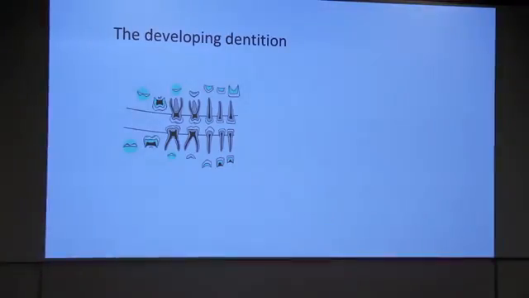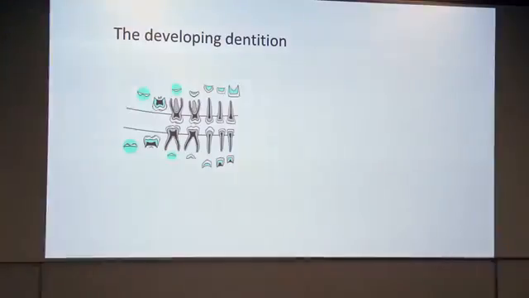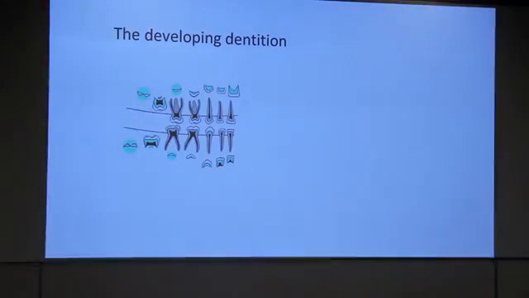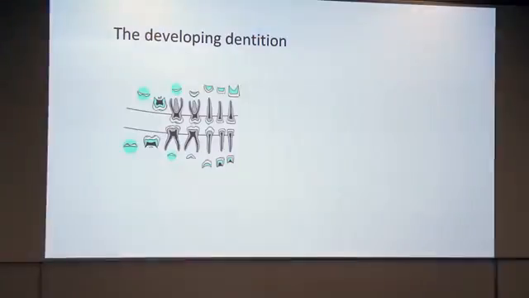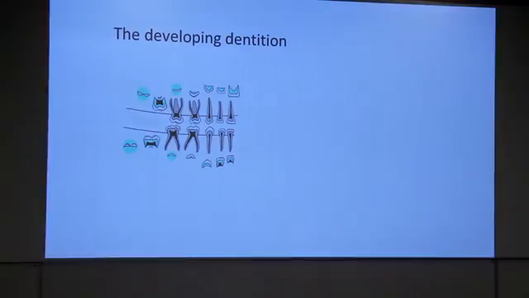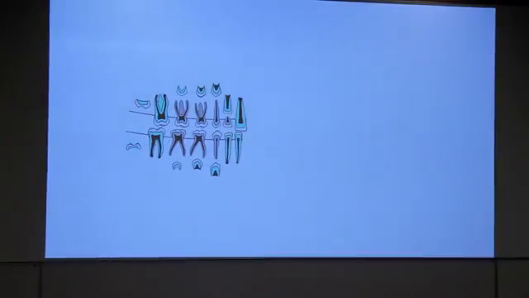But this illustrates the deciduous teeth in grey and in green the permanent teeth at about the age of 4. So there's a sequence of development from before birth up to late teens, early 20s. This is a little bit later, where some of the deciduous teeth have been exfoliated and been lost, and the permanent teeth. So this is about 6.